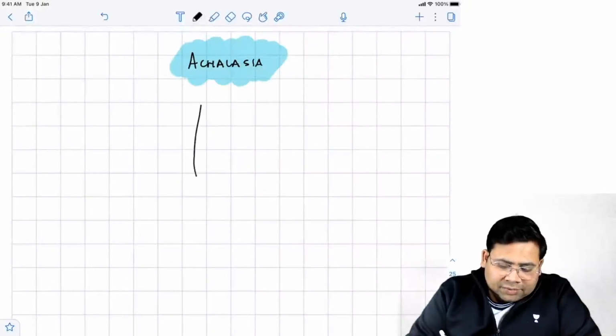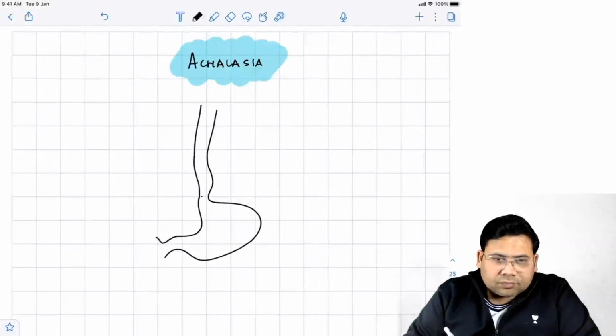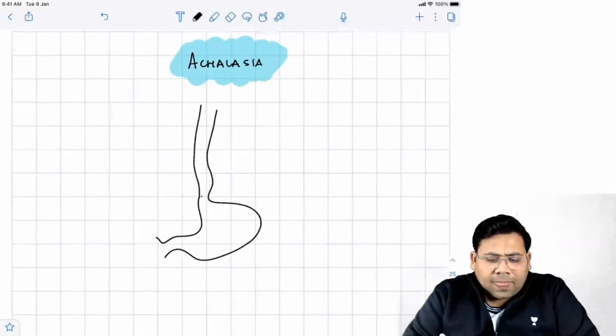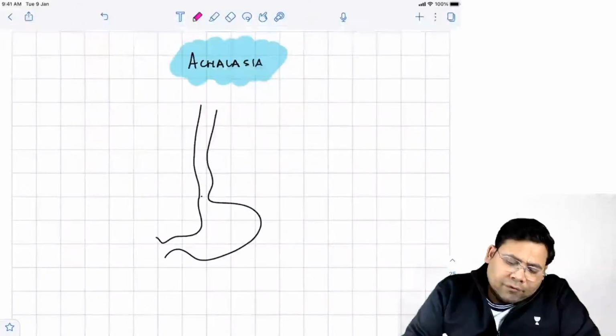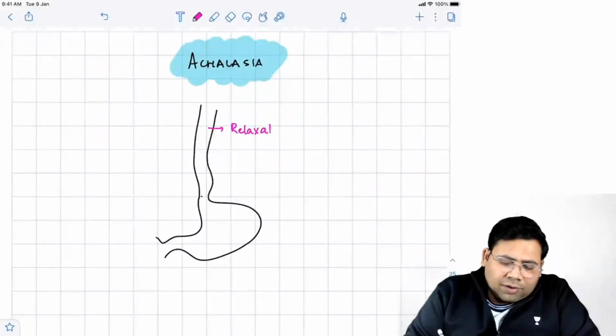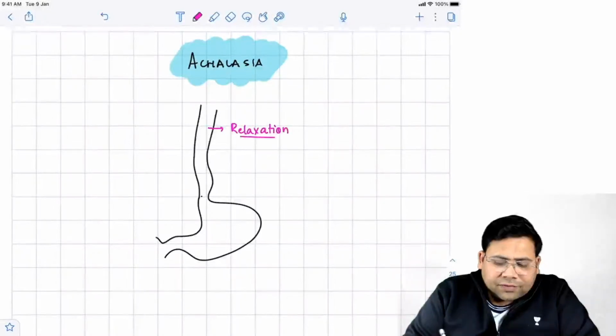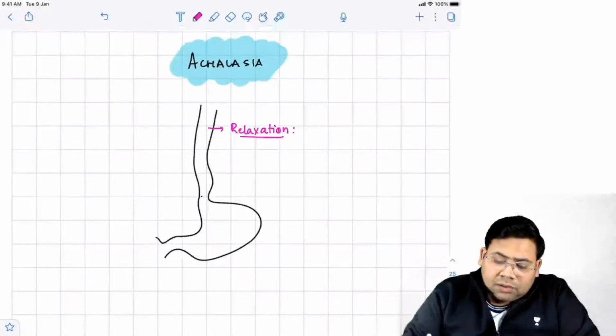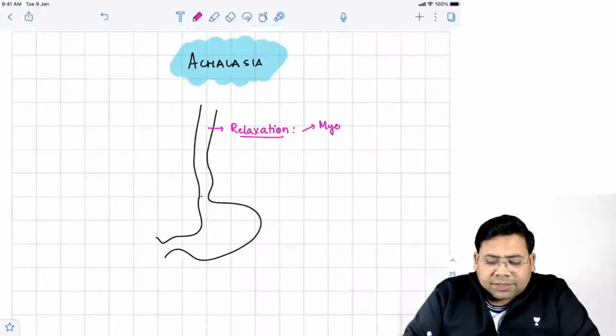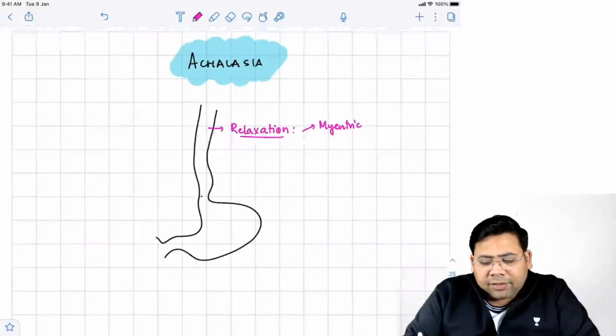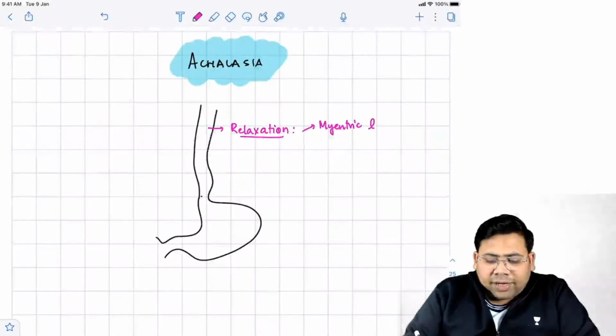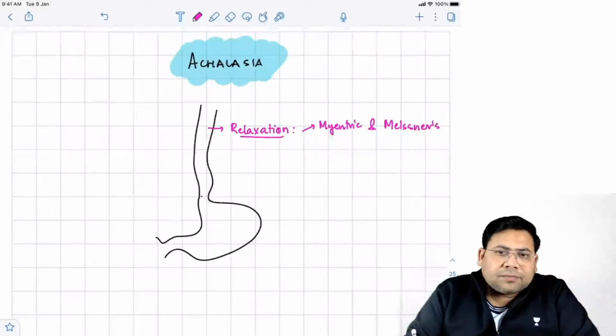Let us see a normal esophagus. For relaxation of the esophagus, we have the myenteric plexus and Meissner's plexus. So the myenteric plexus and Meissner's plexus are responsible for the relaxation.